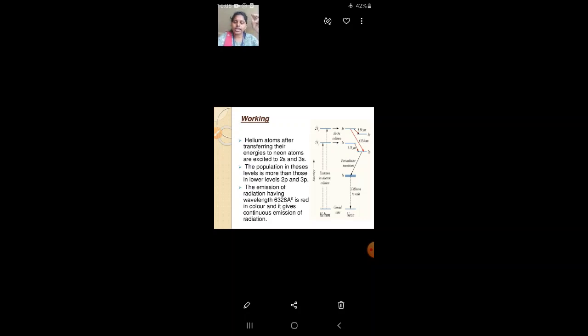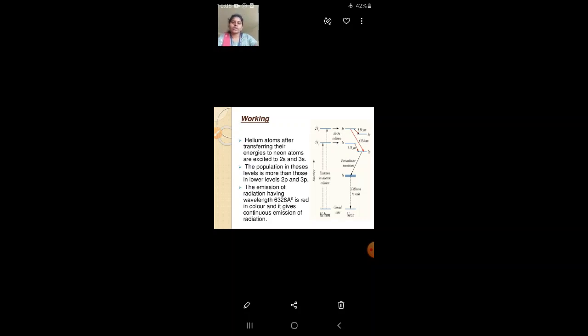Then the neon atom loses the energy and jumps to the ground state, and the process is repeated. That is the resonance process. So this is the ruby laser. Finally, this is a continuous process, not pulses.